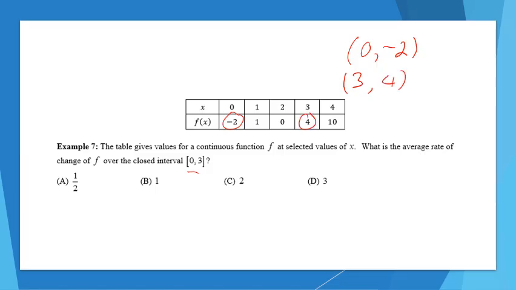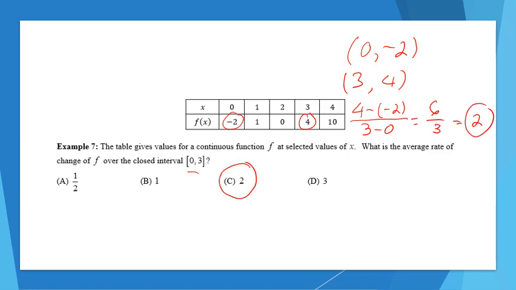Plug this into the slope formula. So 4 minus negative 2 all over 3 minus 0. Now this is where I said make sure you don't get confused with the negatives and the subtraction. This should be 6 over 3, which is 2. And so C is going to be our correct answer for number 7.